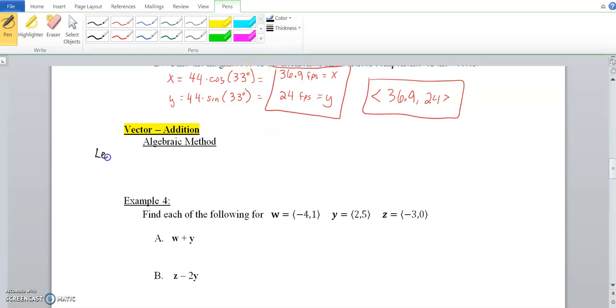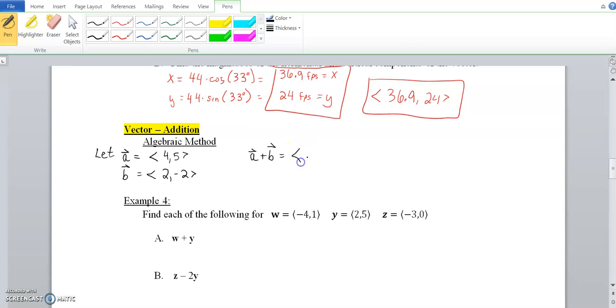Let vector A equal <4, 5> and vector B equal <2, -2>. If we wanted to add them together, vector A plus vector B, how do we do that?